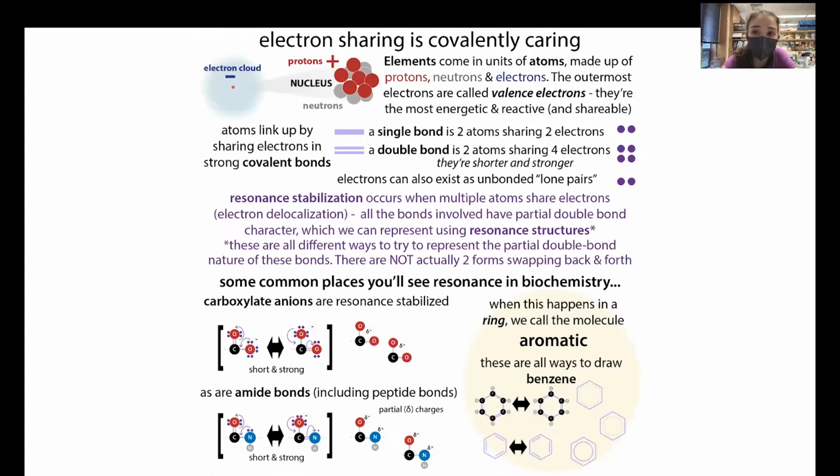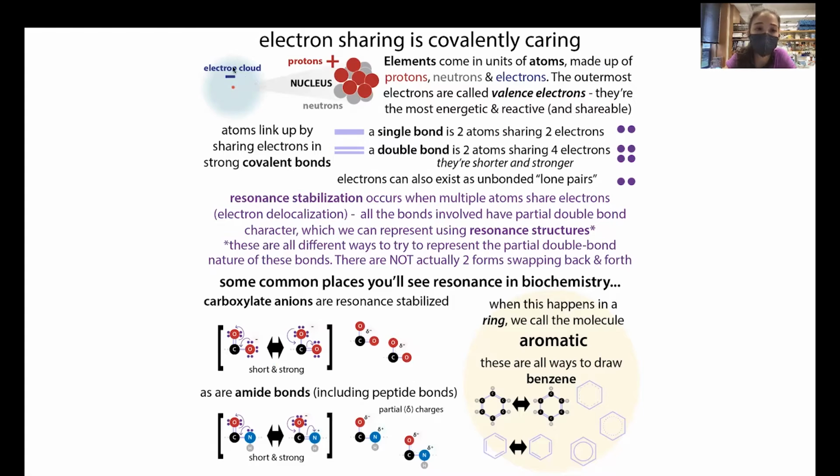So basically electrons are one of the subatomic particles. Elements come in atoms, like carbon, hydrogen, oxygen, the smallest units of them. They have even smaller parts within those atoms. There are the protons, which are positively charged and hang out with the neutral neutrons in the central nucleus, which is the dense central core.